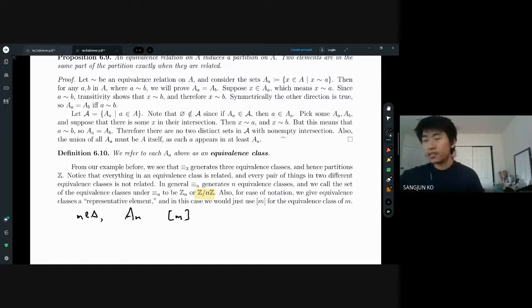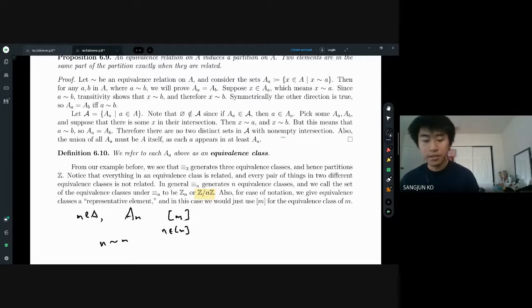If n is related to m, you would count everything as the same under this equivalence relation, so that if n is in the equivalence class of m, you would do operations pretending that n is equal to m.